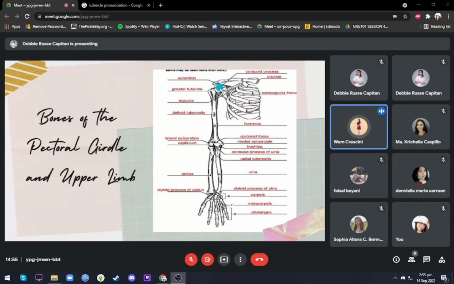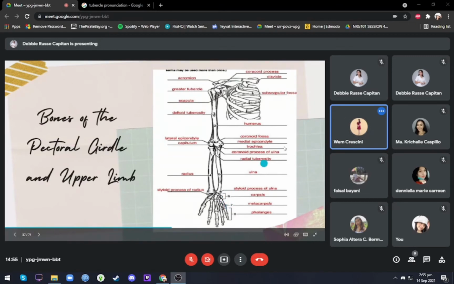First we have the coracoid process, the acromion, the clavicle, the greater tubercle, the subscapular fossa, the scapula, the deltoid tuberosity, humerus, lateral epicondyle, the coronoid fossa, the capitulum, the medial epicondyle, the trochlea, the coronoid process of ulna, the radial tuberosity, the radius, the ulna, styloid process of radius, the styloid process of ulna, the carpals, the metacarpals, and the phalanges.